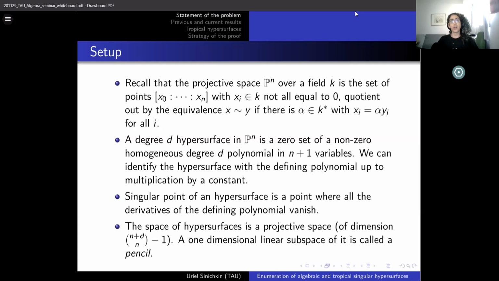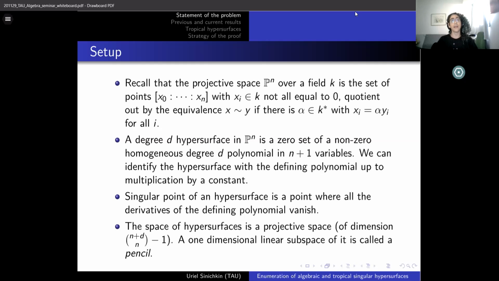And in our case, all the polynomials will be irreducible and clearly will not have repeated factors. So we have no problems with non-reduced schemes or something like that. So we can identify hypersurfaces with the defining polynomials up to multiplicative constants.